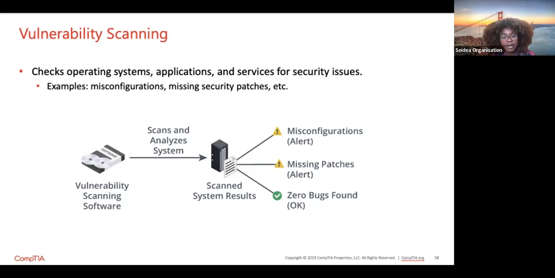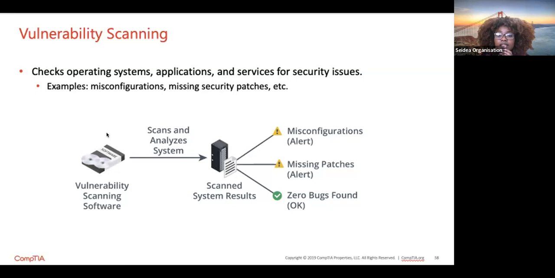For example, it may highlight a misconfiguration, which falls under human error that we talked about earlier today. It also deals with potential missing security patches that might need to be reconsidered and done. So it's able to detect misconfigured settings and also unpatched software.